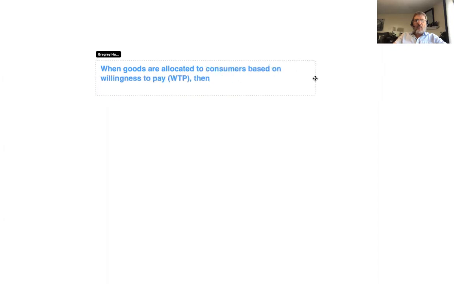So it's worth noting that when goods are allocated to consumers based on, here's a new term for you guys, well, maybe for some of you, willingness to pay, then all potential gains from trade are exhausted.